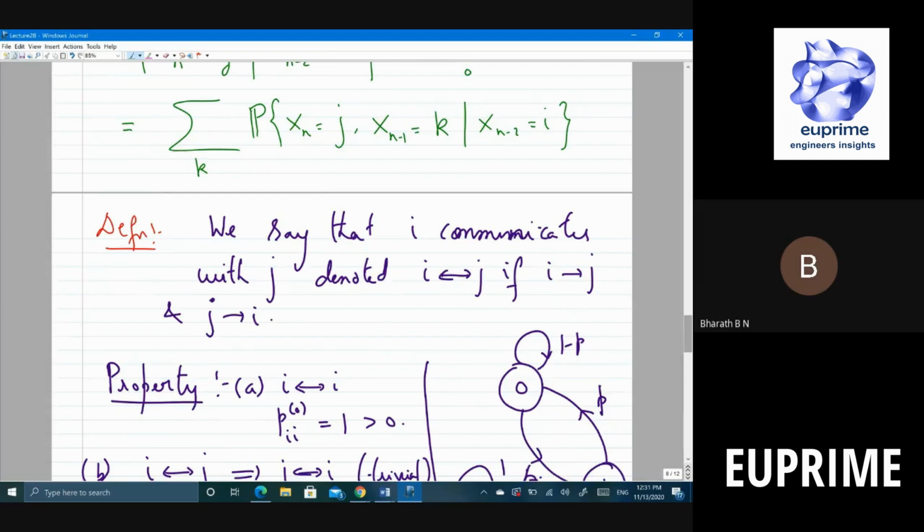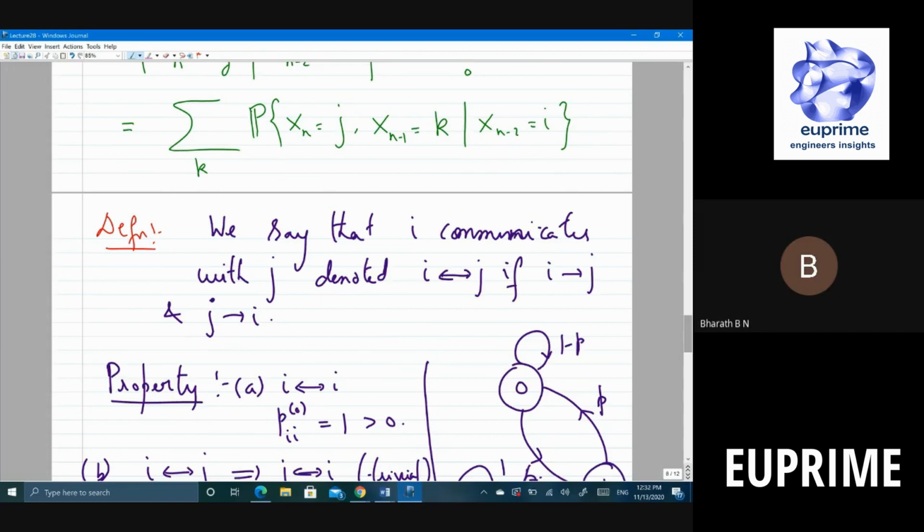Generally, the big question that we are asking is whether there is what is known as a stationary distribution for a Markov chain. It has its own advantages, and we'll see what those advantages are.